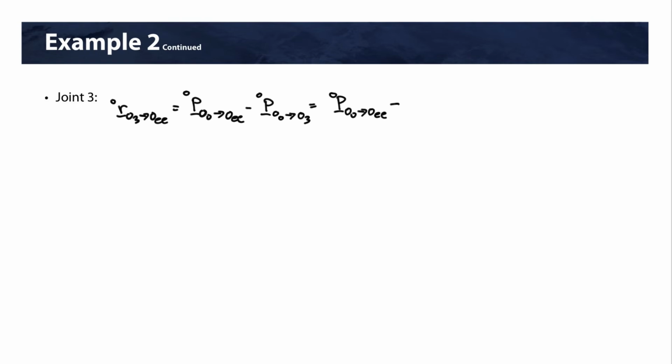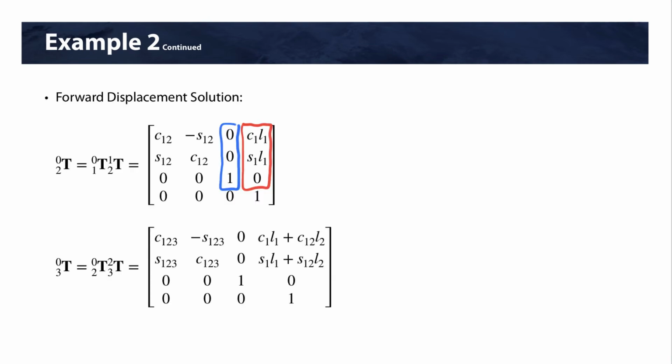So we're going to, again, use this vector we already know. We need to go get this vector, so that's going to come from T03. So if we go to T03 here, that's our position vector.